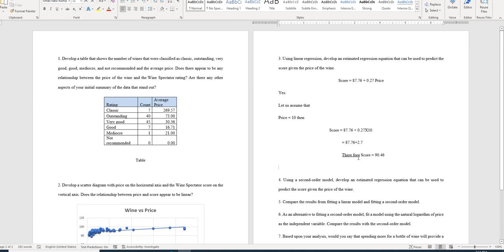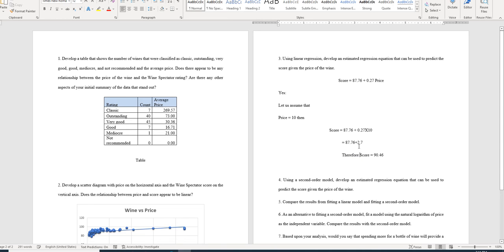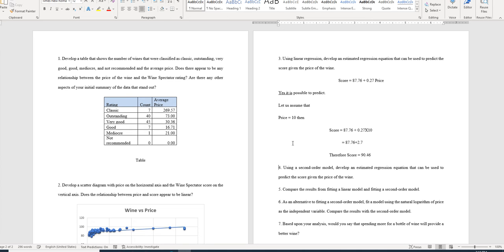So it clearly shows that when we have a value of price, we can predict the score. So the linear equation helps us to predict the score. This is the equation, and you are supposed to take an example to show it is possible to predict. We make an assumption, we calculate it, and we prove that it can be calculated.